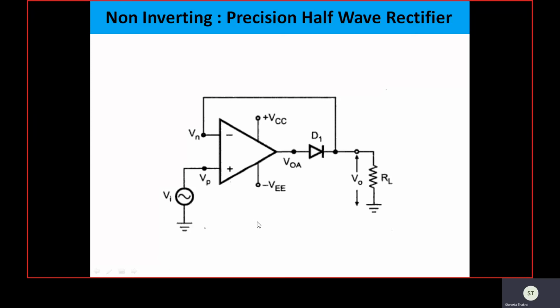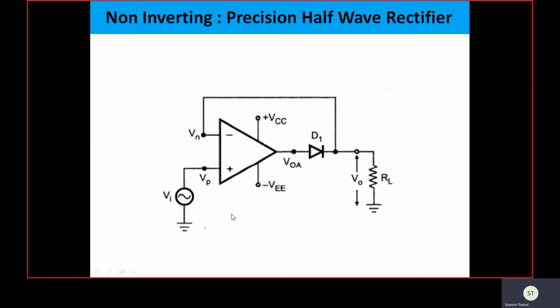How do we define the half wave rectifier? It converts half of the AC signal to pulsating DC. As this is the non-inverting configuration, the input signal is provided to the non-inverting input terminal of the operational amplifier.